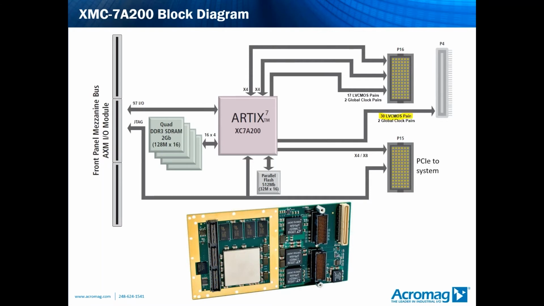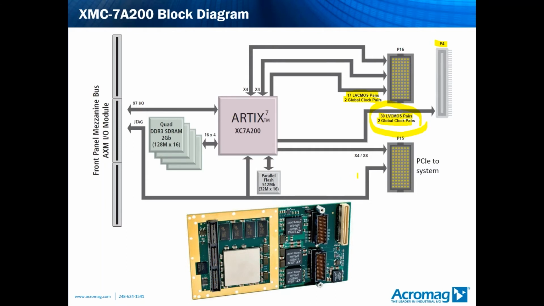There they are, 30 plus 2 global clock pairs, LVCMOS, that's your single-ended. The P16 connector has 17 LVCMOS and 2 global clock pairs. But the ones that we're going to be working on today are these over here going to the P4 connector. So we've got one input, one output.